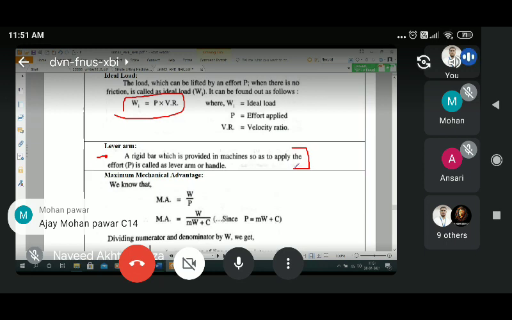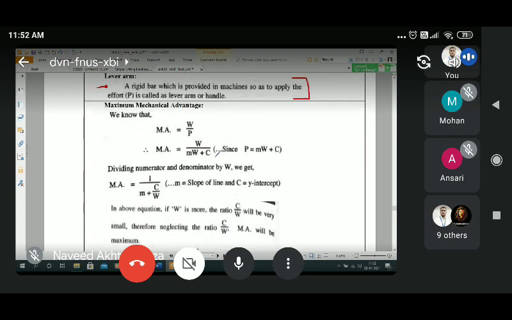So a rigid bar which is provided in a machine so as to apply the effort is called the lever arm or handle. तो ये आपको समझ में आ गया है ना। तो लीवर आर्म वो रिजिड बार है जो हम मशीन में प्रोवाइड करते हैं टू अप्लाई द एफर्ट और टू लिफ्ट द लोड, है ना.